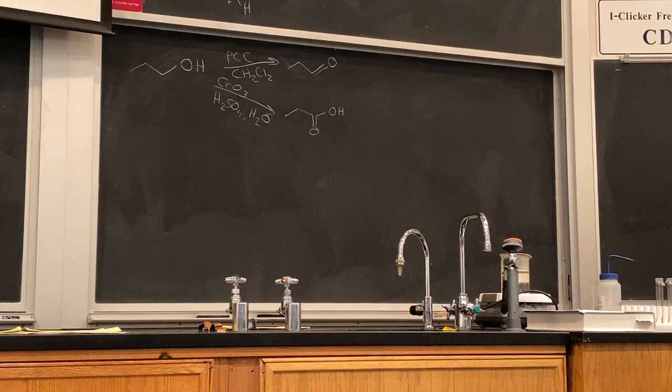That's acidic enough to function as the acid in this mechanism. And when you need a base, you would just use the pyridine, the conjugate base of the pyridinium cation. Okay? So those would function as the acid and base in the mechanism for forming this aldehyde from this primary alcohol.